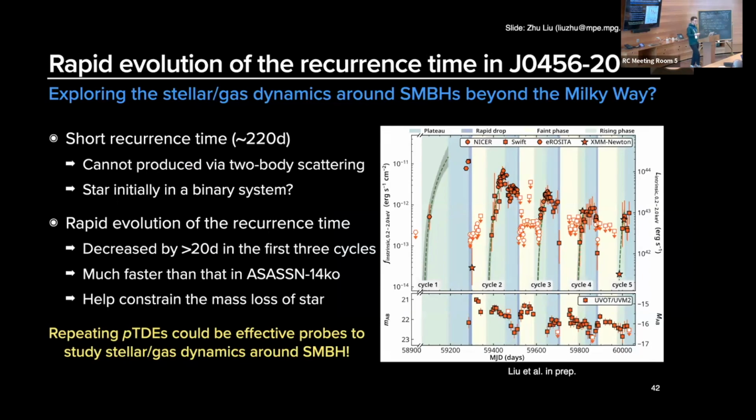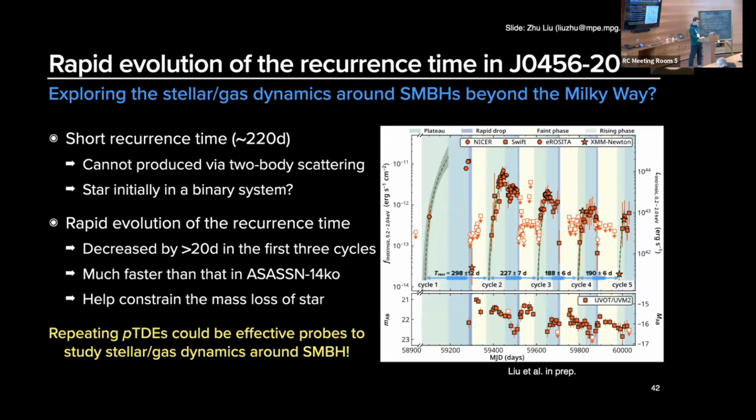As Itai mentioned the other day, QPEs are interesting laboratories for studying accretion processes. This system will also be similar, because you're seeing this transition from a thermal dominated into a harder non-thermal dominated state over time.